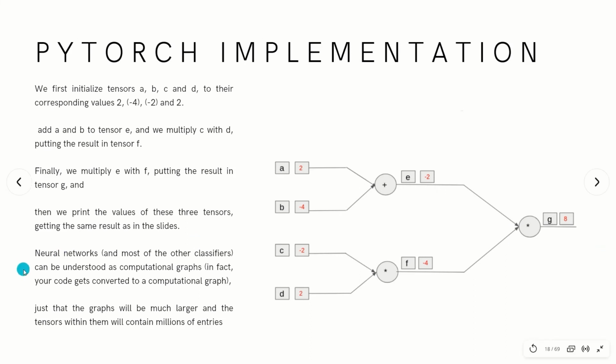Okay, so neural networks can be understood simply as a computational graph. Ideally, you can say that whenever you are running a neural network, whatever code you put in actually gets converted into a computational graph in the background, and whatever processing is happening is in the form of a graph, and then the final output is reflected on your screen.